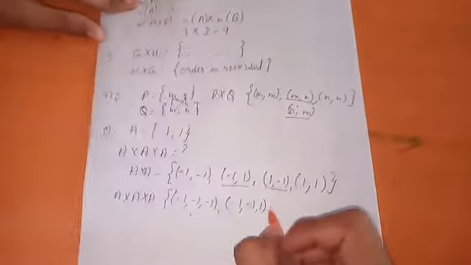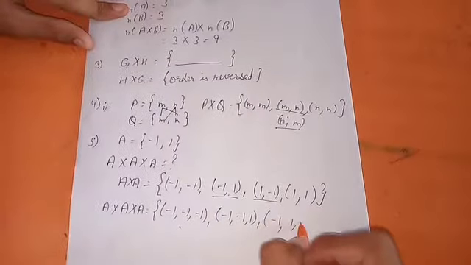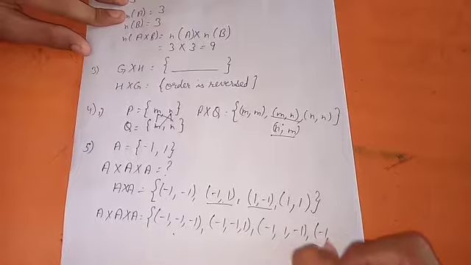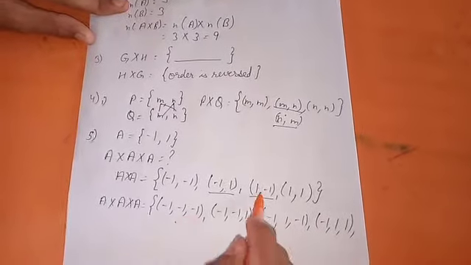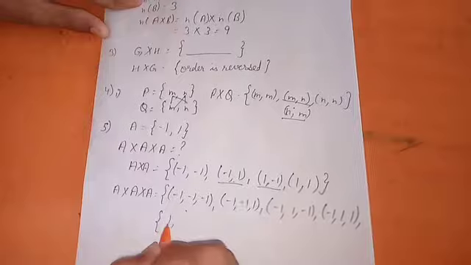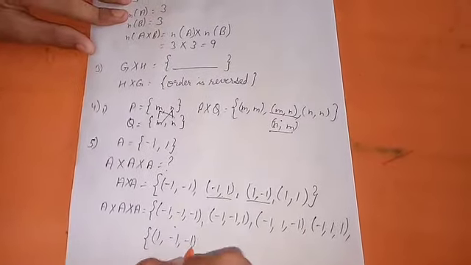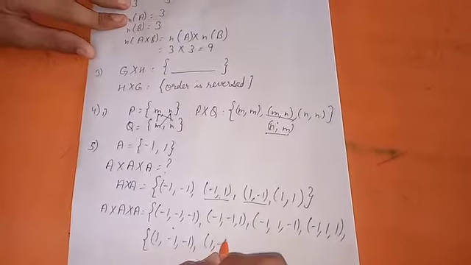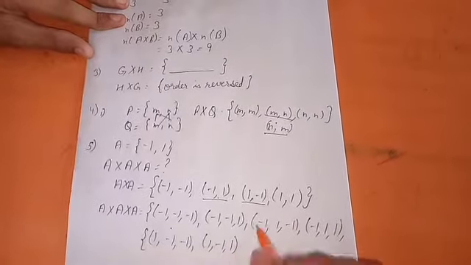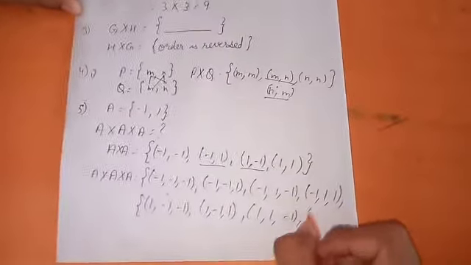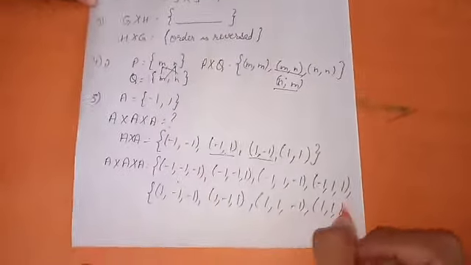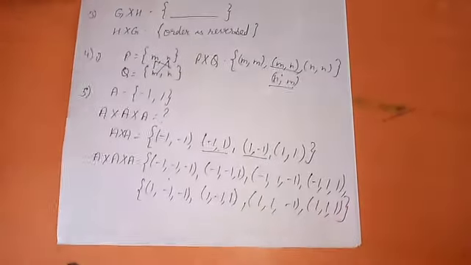Then with this it will be -1 1 -1, -1 1 1. Now with this 1 -1 -1, 1 -1 1. And now with this 1 1 -1 and 1 1 1. So it will be our triplet.